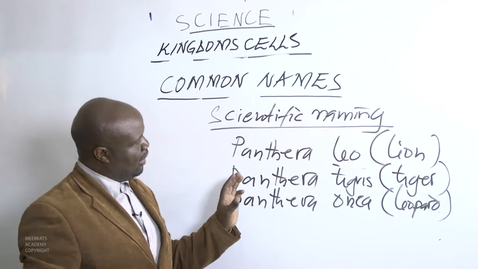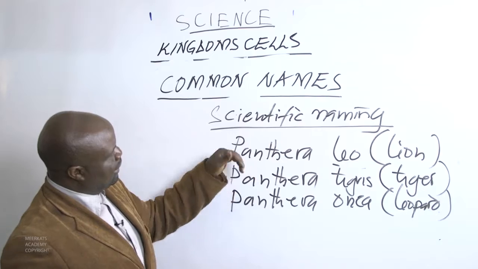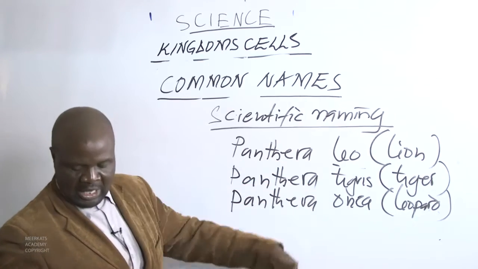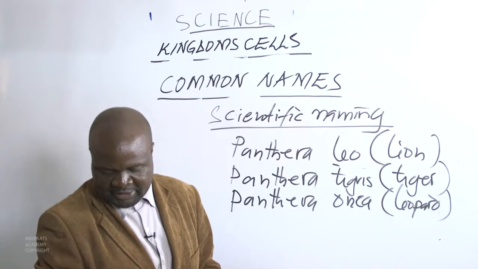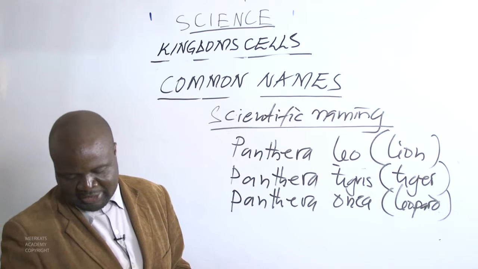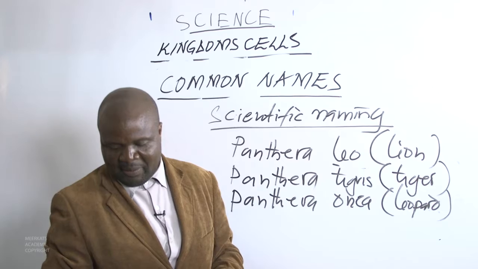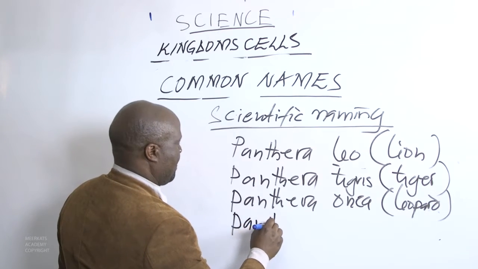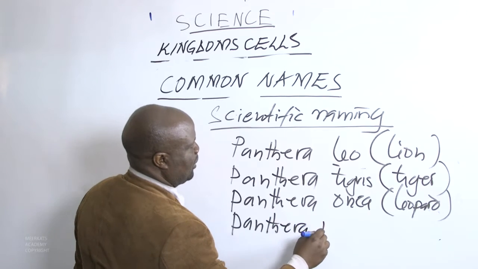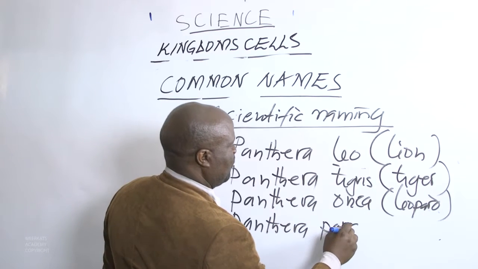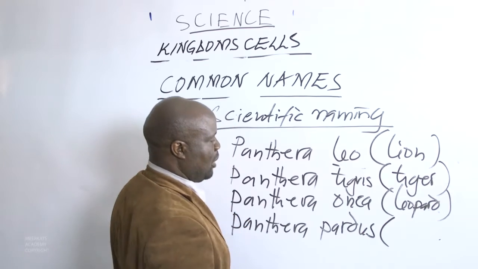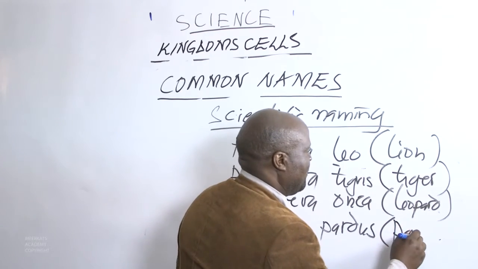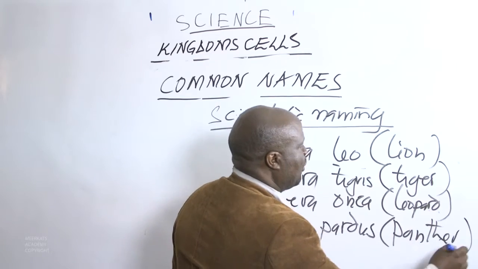So although they belong to the same genus, the species are different. We are seeing the differences there. We can also have another example, Panthera pardus, which we know as the panther. That is the common name.